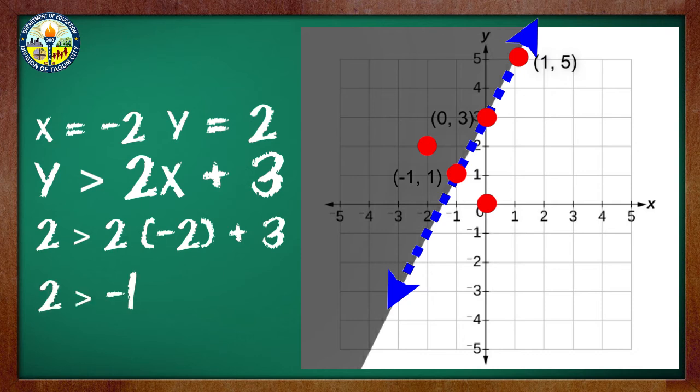Simplifying, we have 2 is greater than negative 1. Now, is that a true statement? Is 2 really greater than negative 1? Of course! See? All points above the line are solutions to the inequality y is greater than 2x plus 3.